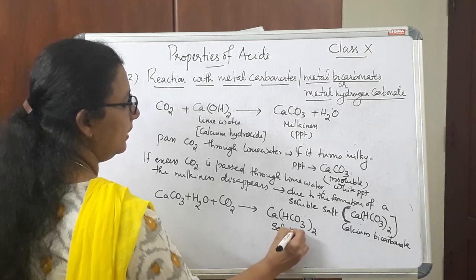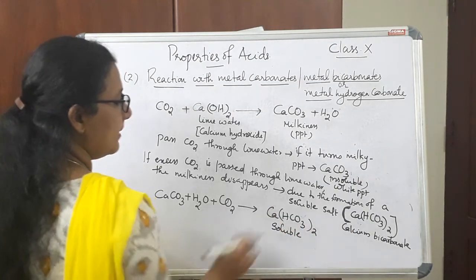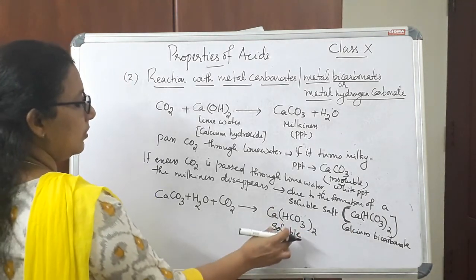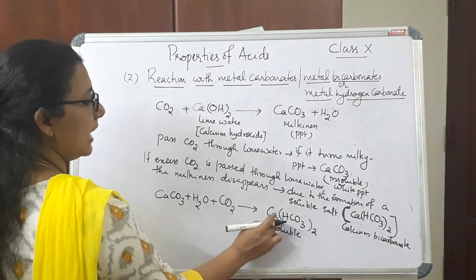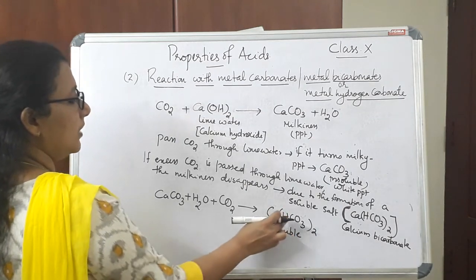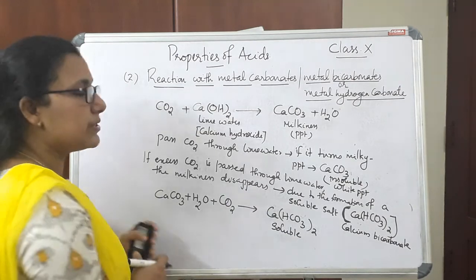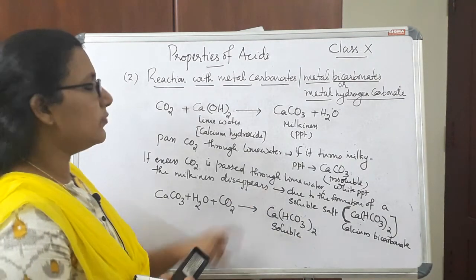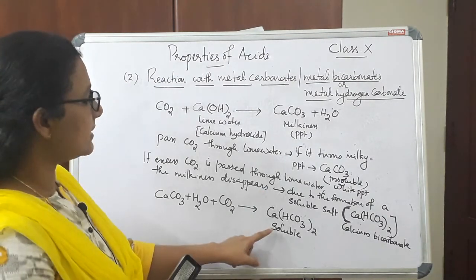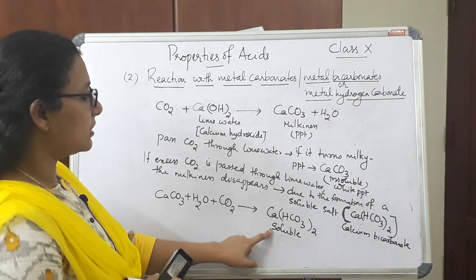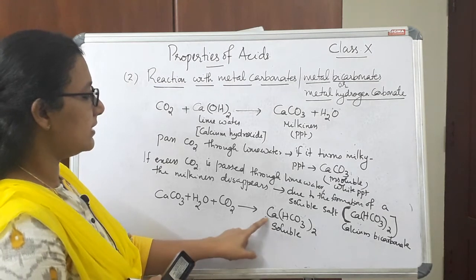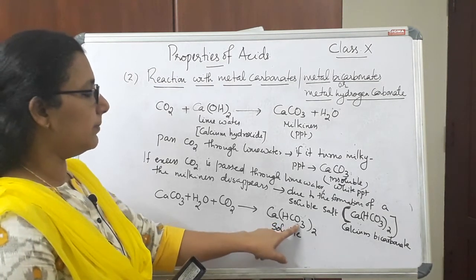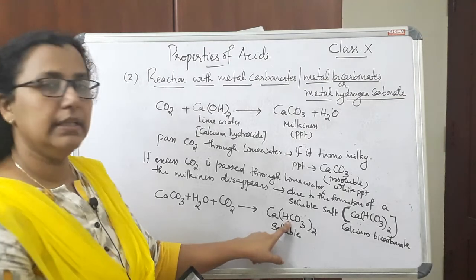This is soluble, this is calcium bicarbonate. Due to the formation of this calcium bicarbonate, the solution will be clear. That means the milkiness will disappear. The milkiness disappears due to the formation of a soluble salt, that is calcium hydrogen carbonate or calcium bicarbonate.